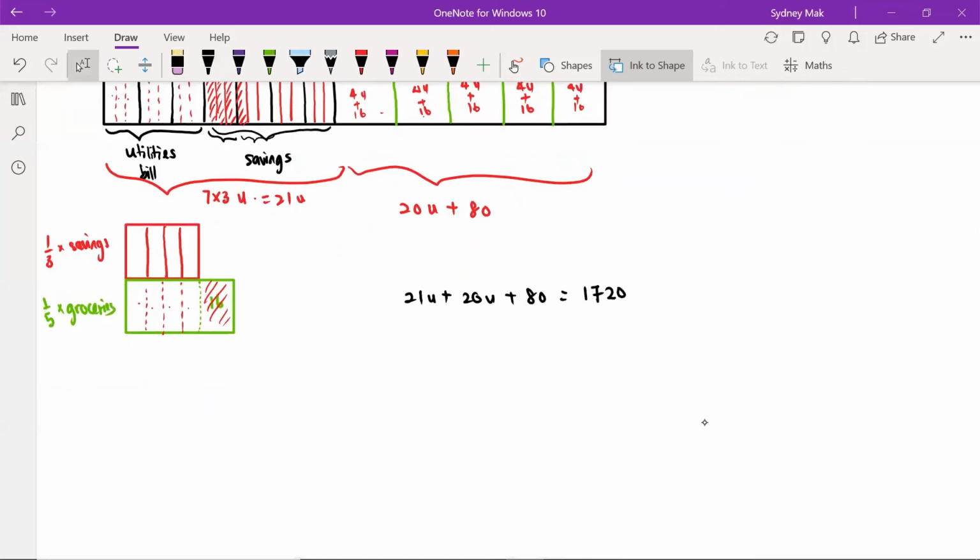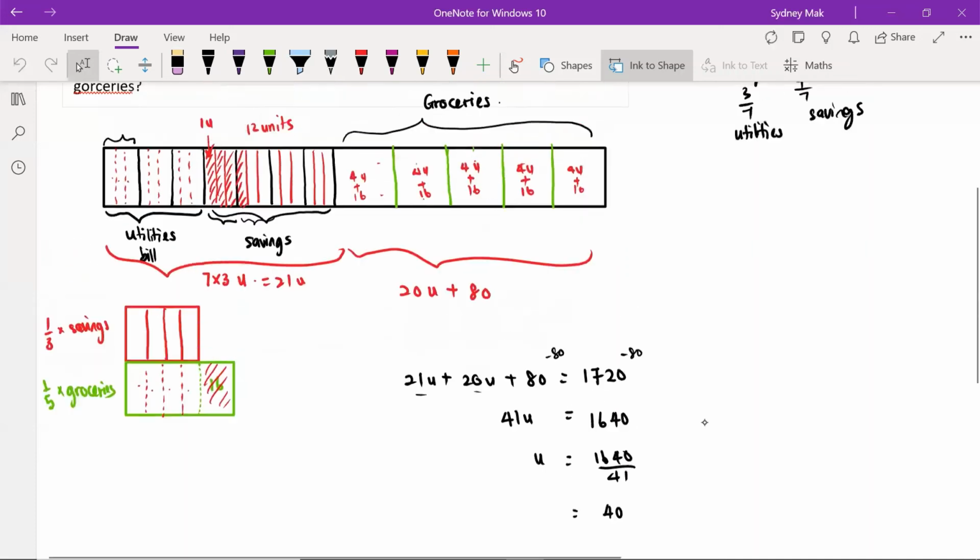So 21 units plus 20 units, we have 41 units. And then we shall minus 80 on both sides. We will get 1,640. Therefore, each unit is 1,640 divided by 41 units. So each unit is representing $40.